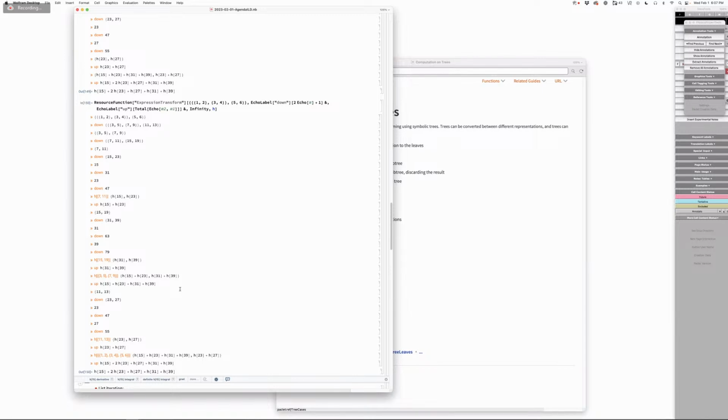Right, and then for each output from down, we pair it up with the input that produced it, and we wrap those in H, and then we apply our function.